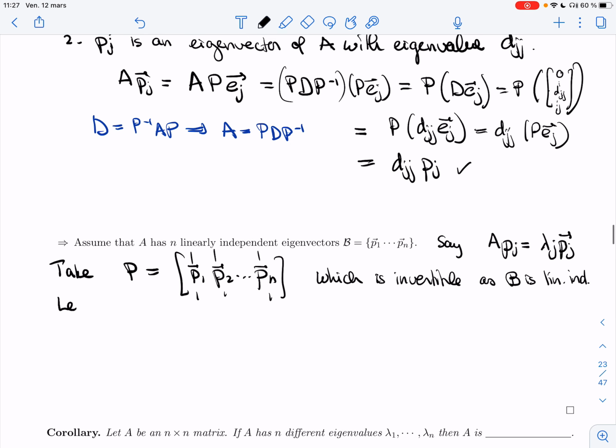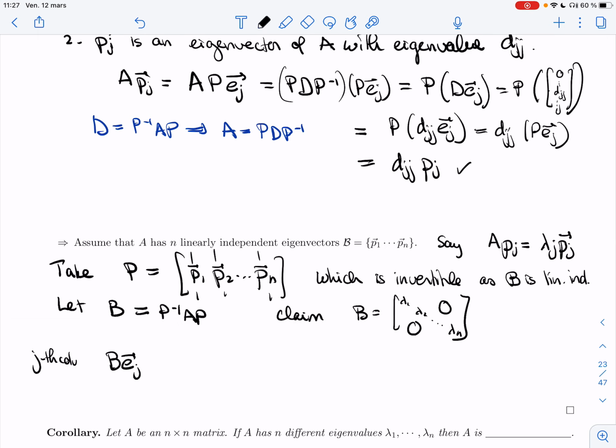And I'm going to let B be P inverse AP. I claim that B is going to be lambda 1, lambda 2, and so on, and big zeros on top and underneath. All right, to prove that, I just have to look at the jth column of B. That's B Ej.